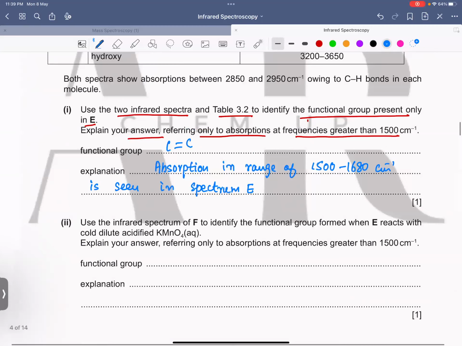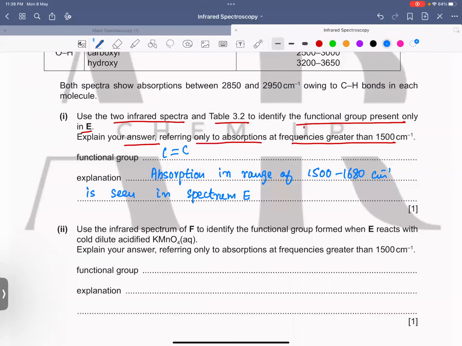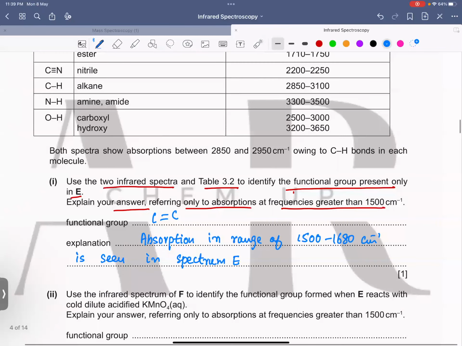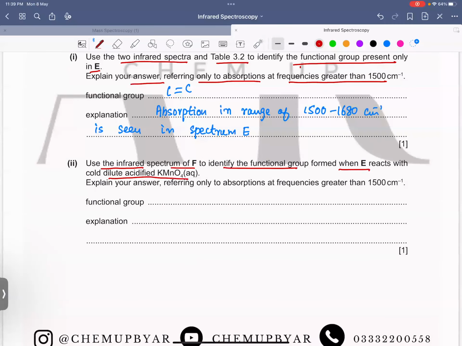Okay. Now, what they are asking next: use the infrared spectrum of F to identify the functional group formed when E reacts with cold dilute acidified KMnO4. Explain your answer referring only to those absorptions at frequencies greater than 1500 centimeter inverse. Okay.